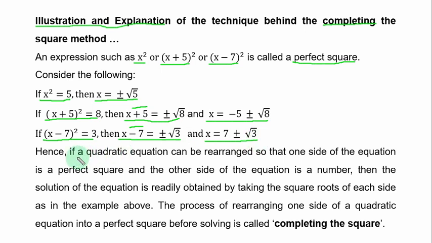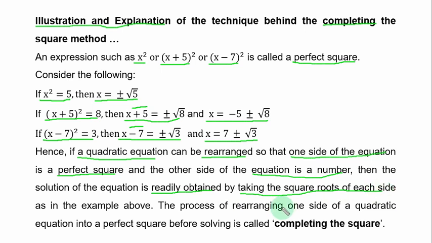Hence, if a quadratic equation can be rearranged so that one side of the equation is a perfect square and the other side of the equation is a number, then the solution of the equation is readily obtained by taking the square roots of each side, as in the example above.